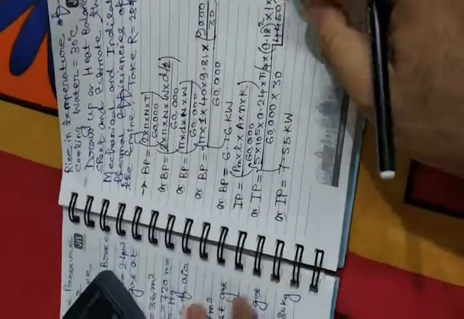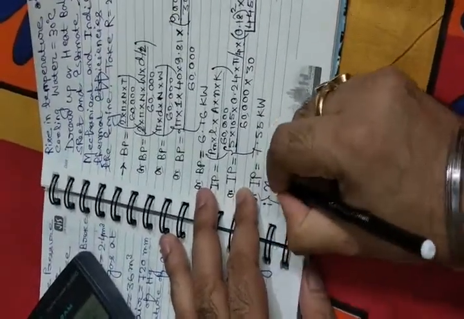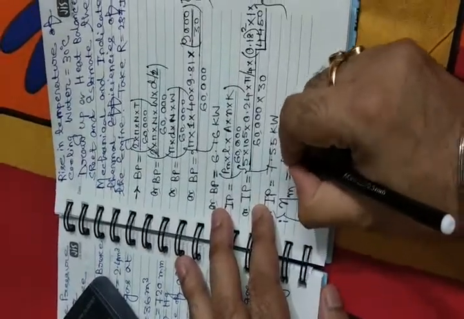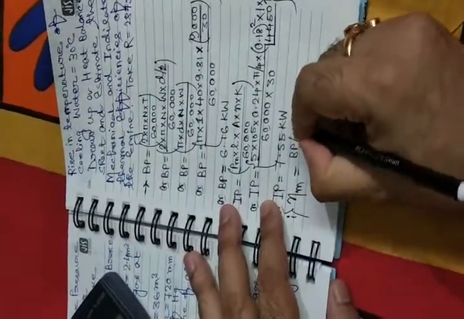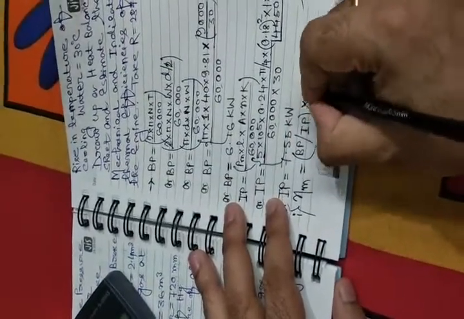So one answer will be, mechanical efficiency will be BP by IP, brake power by indicated power, and for the efficiency it will be multiplied by 100.